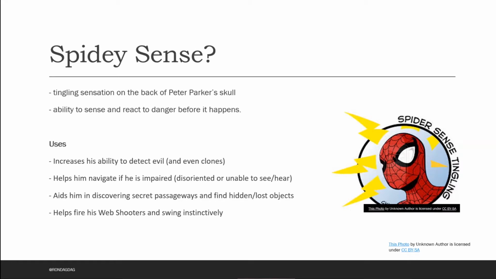It also gives him the capability, whenever he's impaired or unable to see or hear, to use his spidey sense to roam around, find secret passageways or hidden objects, and of course, to fire his web shooters to target accordingly. And of course, when changing to his costume, I think he uses Spidey sense to make sure nobody's watching him change his clothes, right?